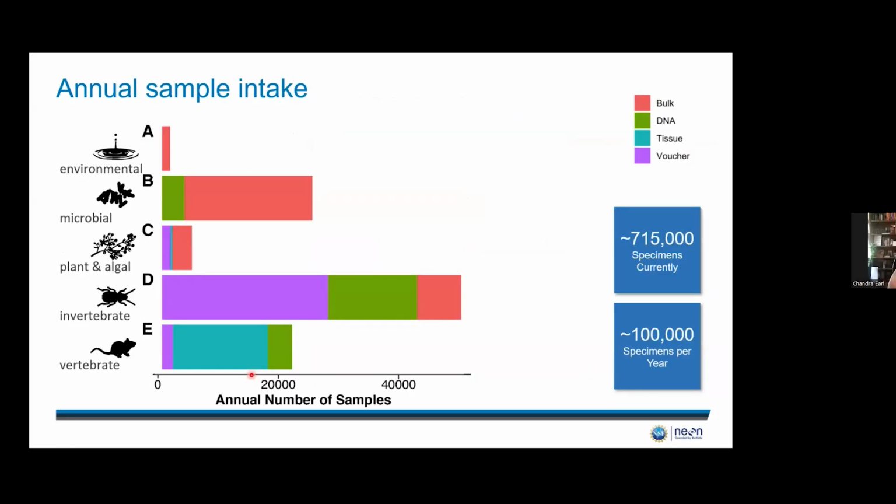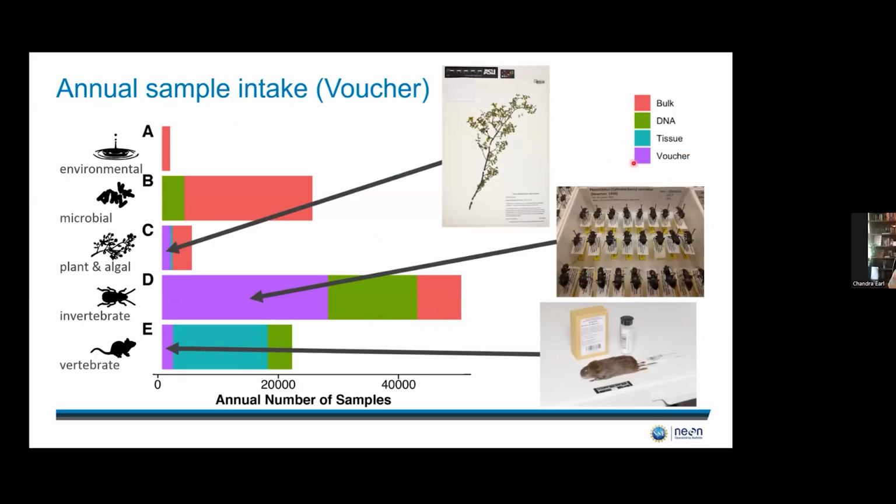We currently have about 715 samples available, and we do ingest on average 100,000 specimens a year. So our annual sample intake, when divided vaguely into taxon and material types, looks something like this. The purple bars here represent vouchers, or those individually prepped and stored specimens.